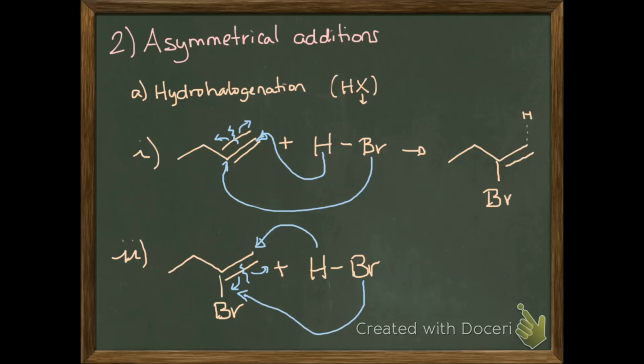So as a result, we have an alkane with the two bromines in the same carbon. This will be the result here. If we have an anti-Markovnikov hydrohalogenation, we can add some substances as catalyst to make the reaction happen in a different way.